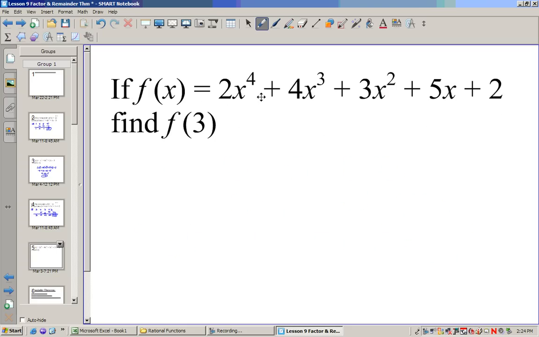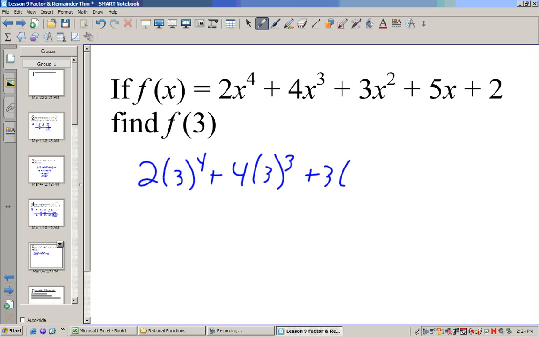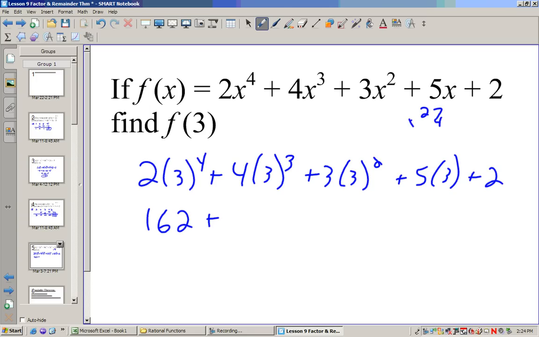If I plug in 3 into this equation, 2 times 3 to the 4th plus 4 times 3 cubed plus 3 times 3 squared plus 5 times 3 plus 2. What's that? 81. 81 times 2 is 162. This would be 27 times 4, that would give us 108. Here we'd have 9 times 3, which would be 27.